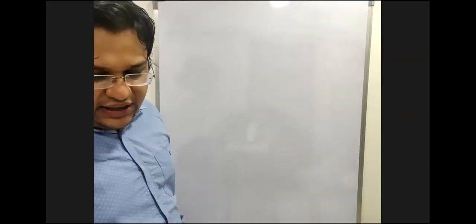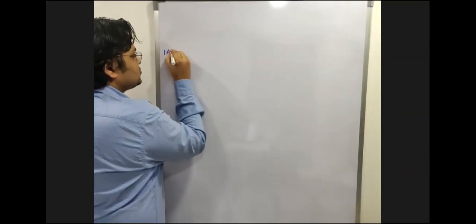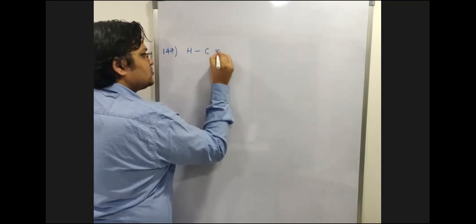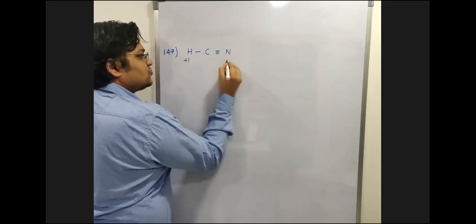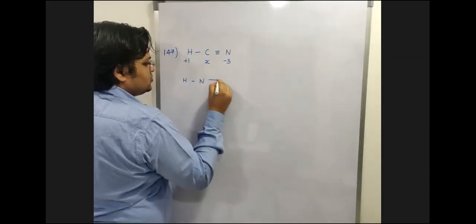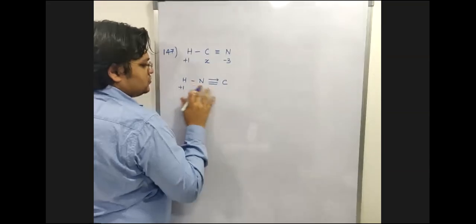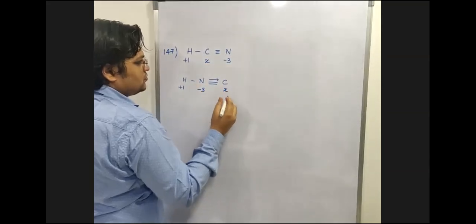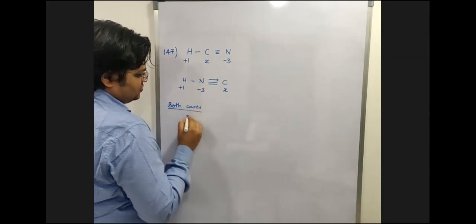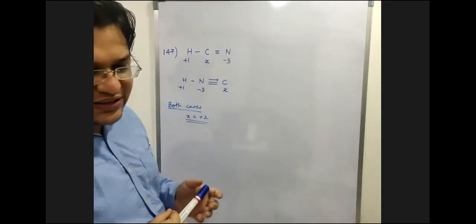मतलब नॉर्मल बैलेंसिंग के ट्राई कर आ जाएगा. गाइस दोनों केस में देखो नाइट्रोजन तो मैंने -3 क्यों लिया?